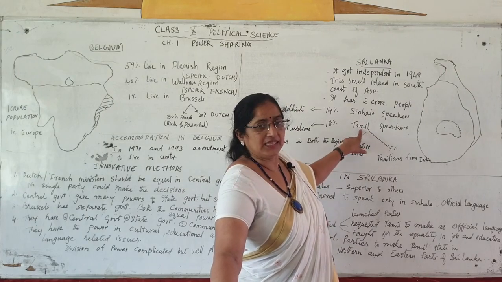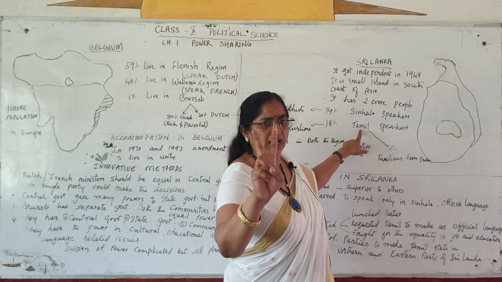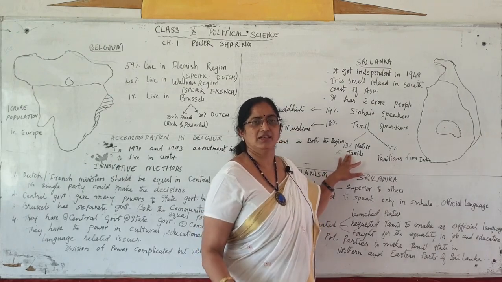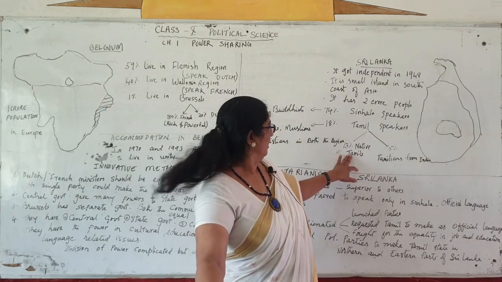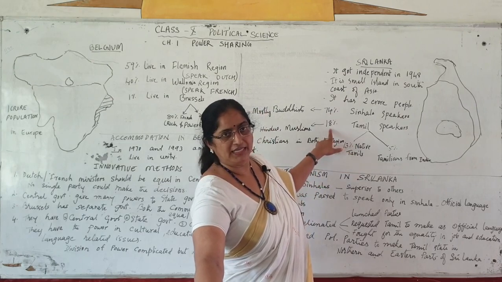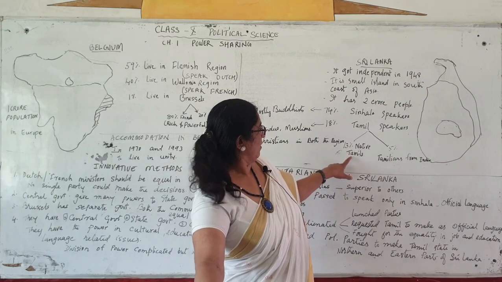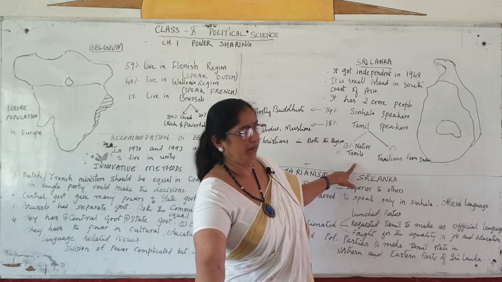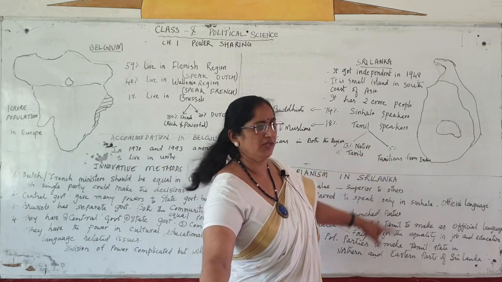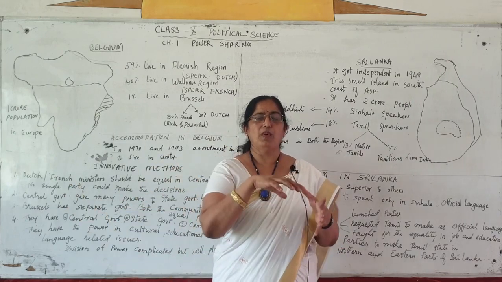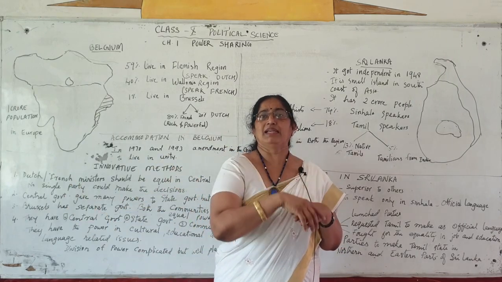Now, in Tamil speakers, there are 2 types of people. एक तो local indigenous, local people जो लोग हैं, 13%, total 18%, उसमें से भी divide 2 part हो गए. One part 13% were Tamilians and 5% Tamilians came from India in the name of plantation.